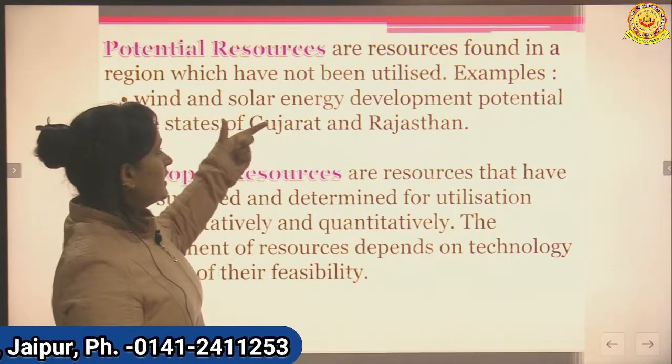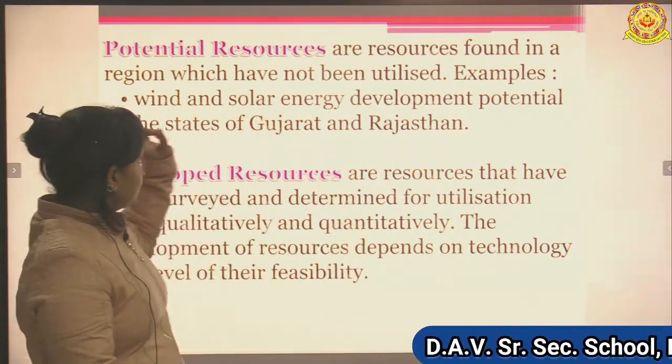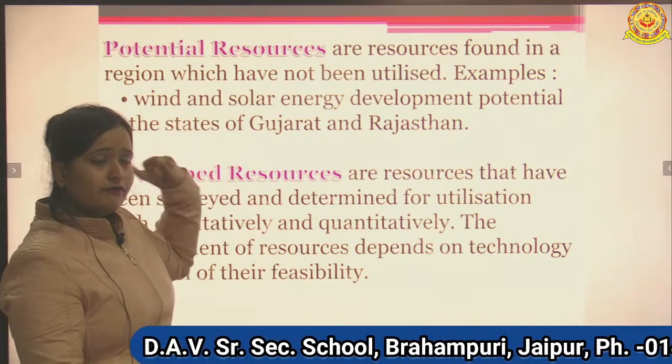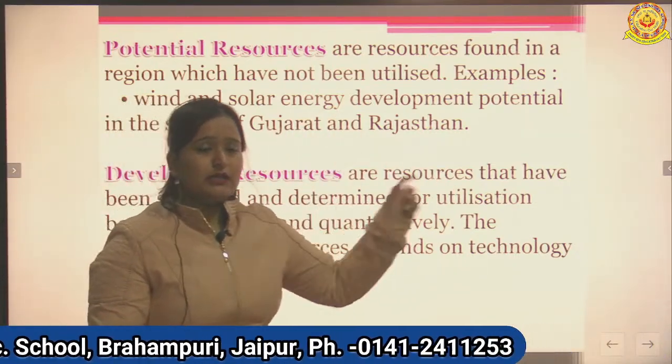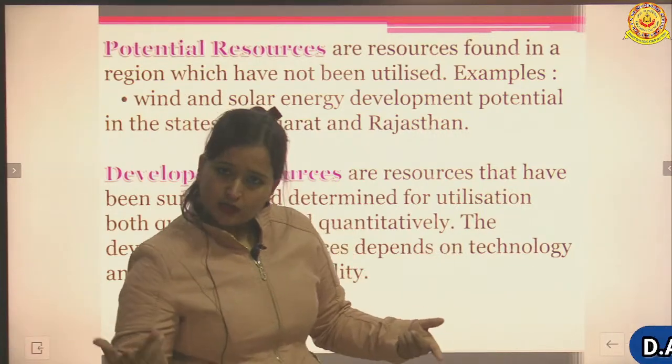We are not using those types of resources. These are known as potential resources: the resources found in a particular area which have not been utilized by humans. Understood?